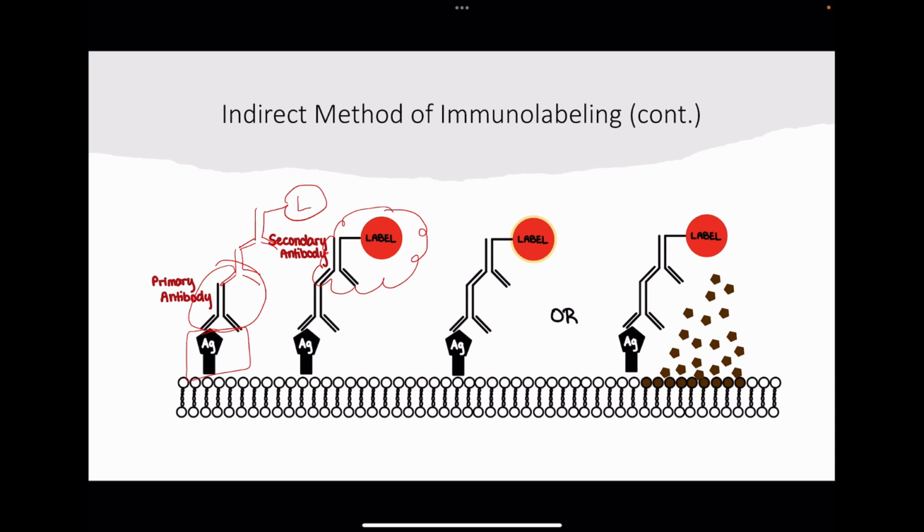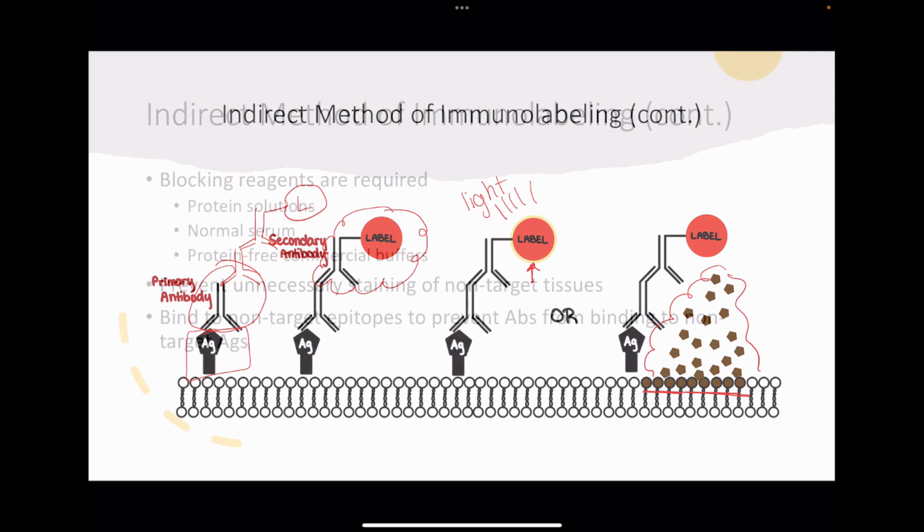But for this case, we just have two. So the secondary antibody bears the labeling agent. Now, we can either shine light on this in order to induce immunofluorescence. You see this irradiation here with this highlight that surrounds it, or we can actually stain the tissue right here. So this is the stained tissue right here, this brown.